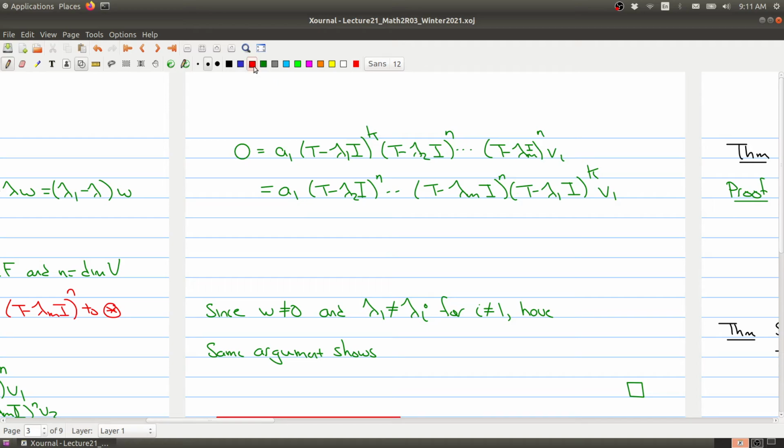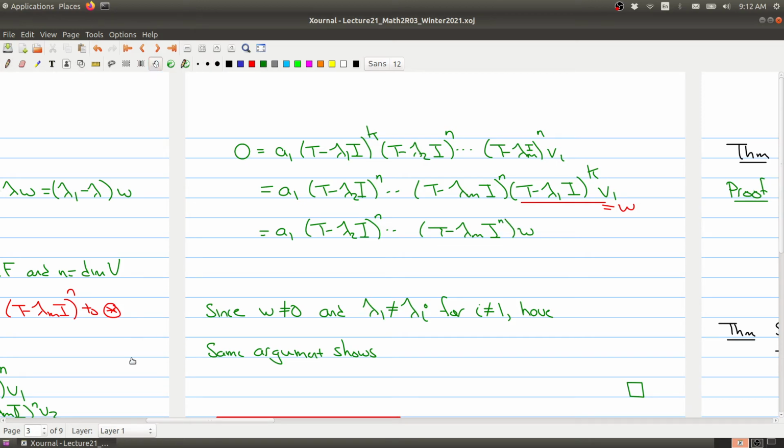And this part here, remember, is equal to w. That's how we defined that particular value. So we have a1 times (T minus lambda 2 I) to the n up to (T minus lambda m I) to the n, applied to w.